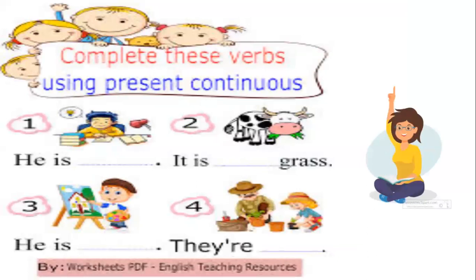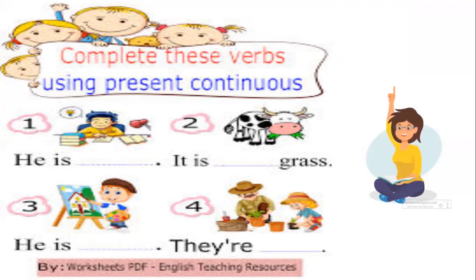Now let's complete these verbs using present continuous. Remember the key question, what are you doing? For number 1, let us answer the following. What is he doing? Very good. How about number 2? What is it doing?